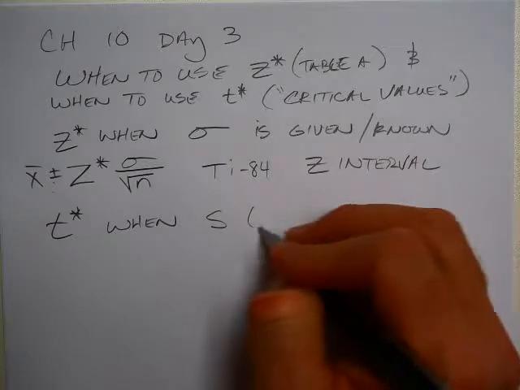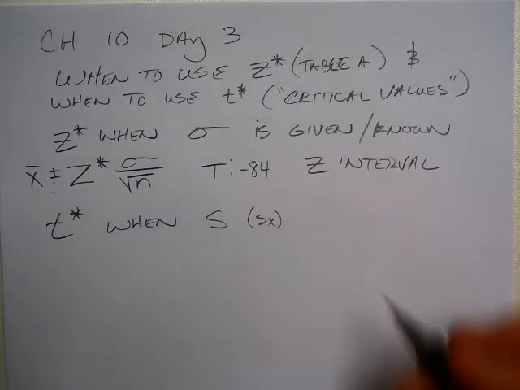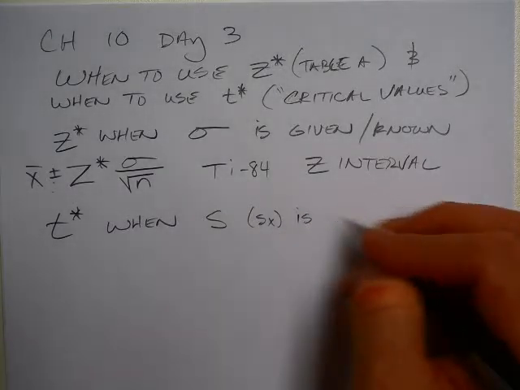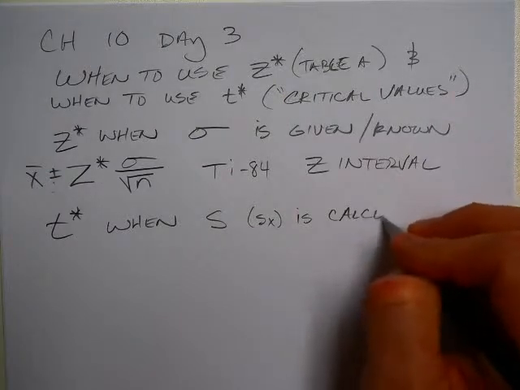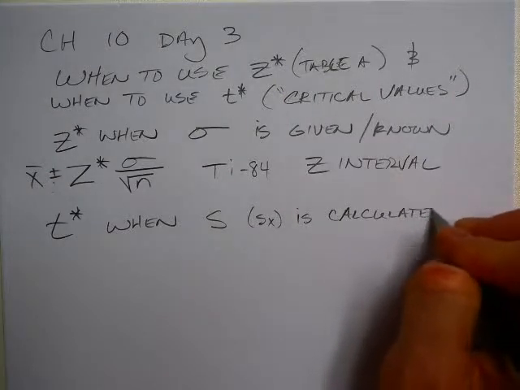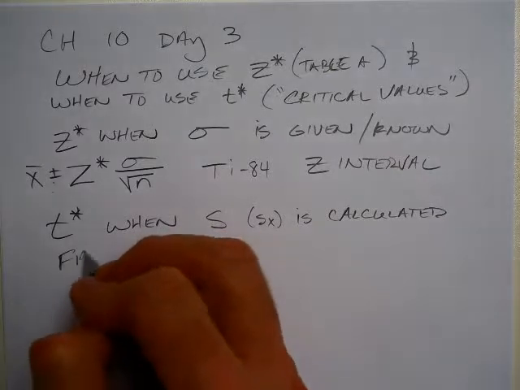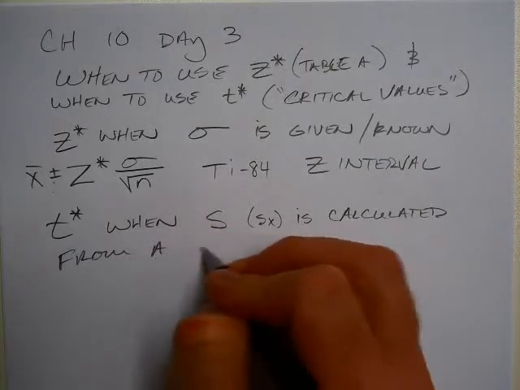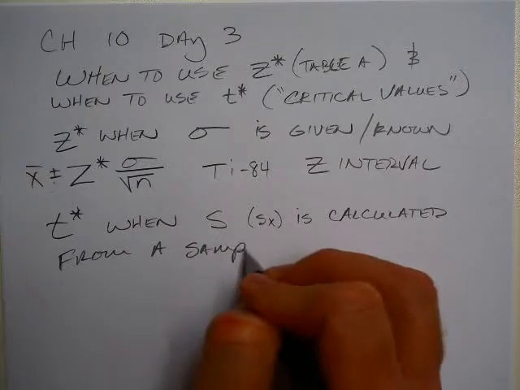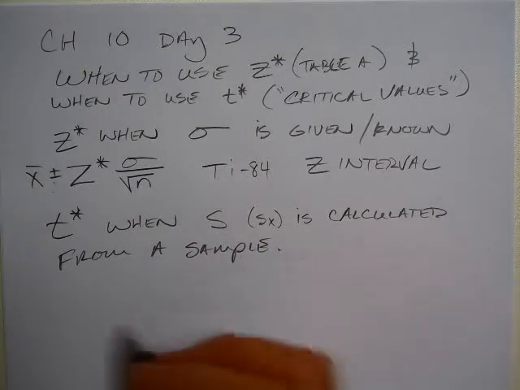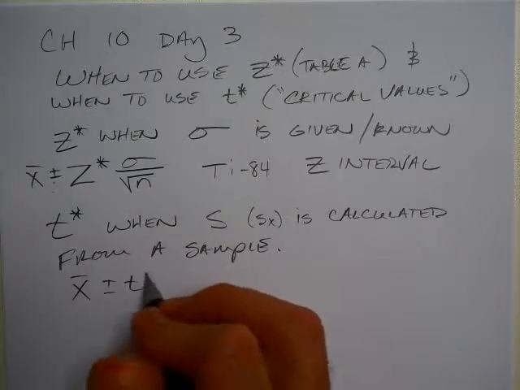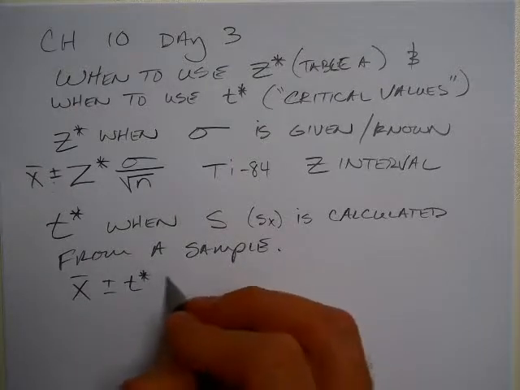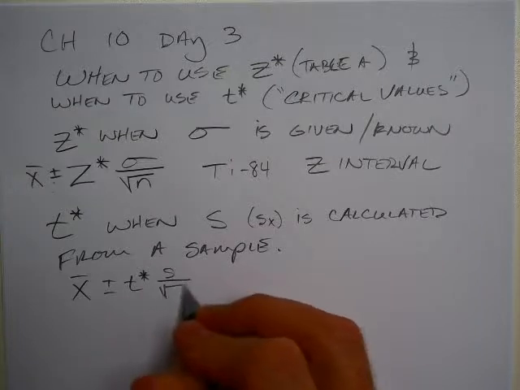When S, or in the calculator it's called Sx, it's the same thing, is calculated from a sample. So that's our x bar plus or minus T star times S over square root of n.